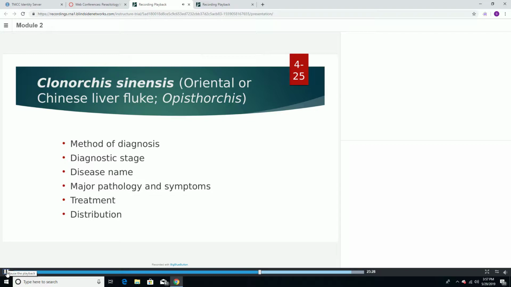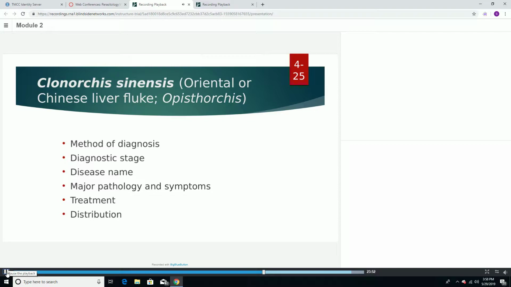Some patients who have a chronic infection may develop hepatic complications, sometimes pancreatitis, bile duct stones. This parasite is found in the Far East, typically in Asia, which is probably why it's called the Chinese liver fluke.